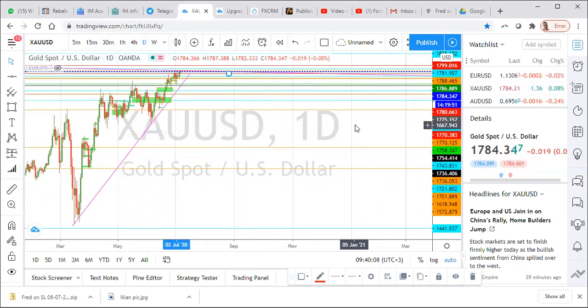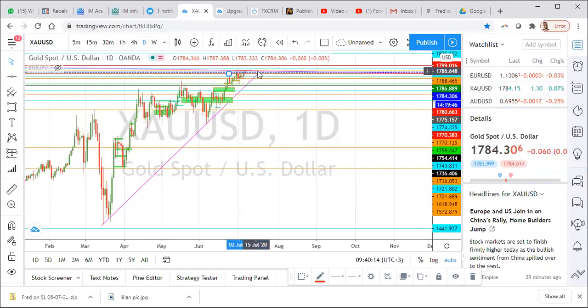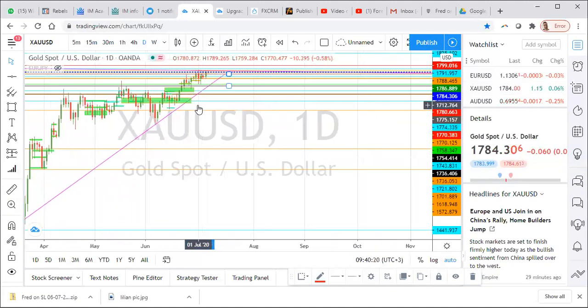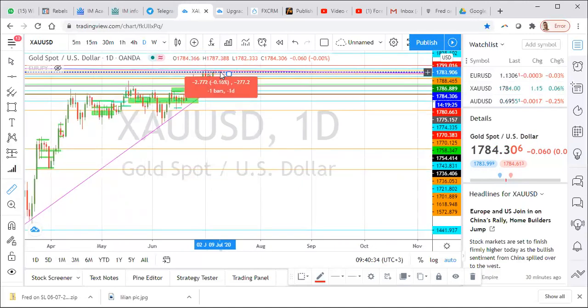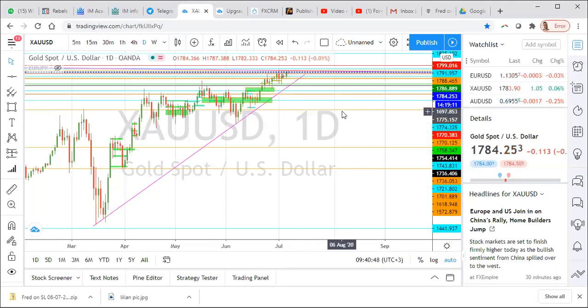So here now, I'm seeing some rejection on the daily, which is fine because it's playing out exactly how I'm thinking it will. It could probably pull back down maybe 60 pips before it continues up. But this is a very bullish candle showing strong impulse and strong momentum to the upside.